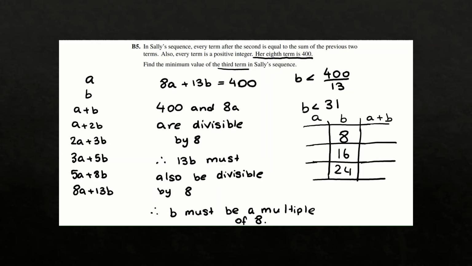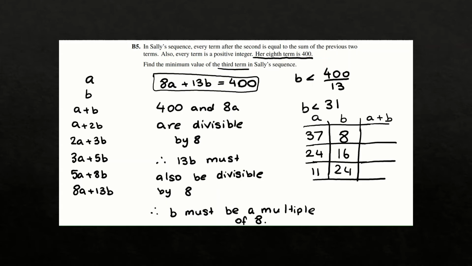Now if we substitute each value of B into this equation, 8A plus 13B equals 400, we get the following values of A. When B is equal to 8, A equals 37. When B equals 16, A equals 24. And when B equals 24, A is equal to 11.